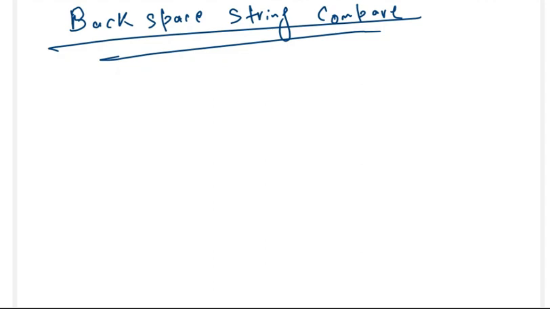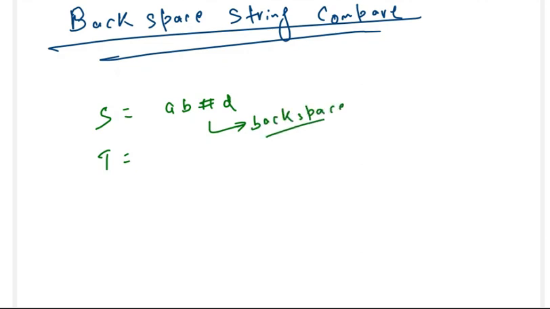In this video, we will discuss another popular interview question, Backspace String Compare. So we are given two strings, s and t, and the strings are in the form like this. Now this hash represents a backspace, which means that the character just before this hash will be deleted.